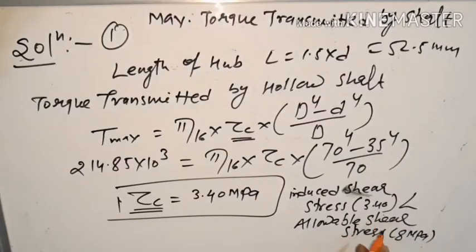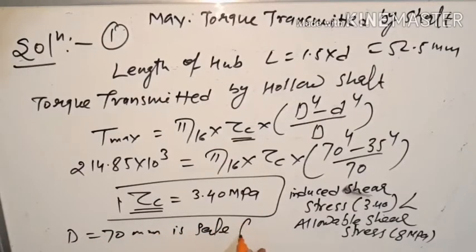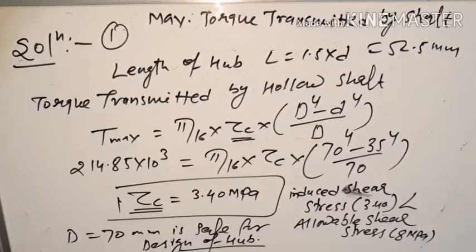Okay, so we all know when the induced stresses are below the allowable stresses, then all the dimensions are safe. Okay, so the diameter d, which is equal to 70 mm, is safe for design of hub. Okay, so no doubt regarding this.